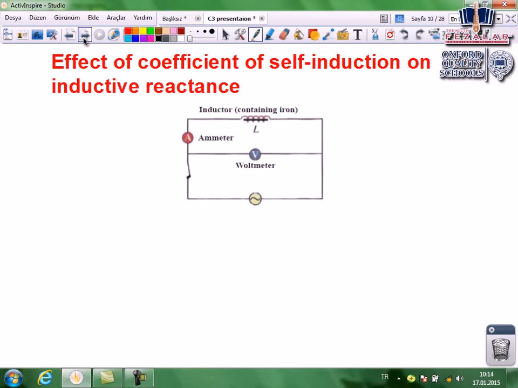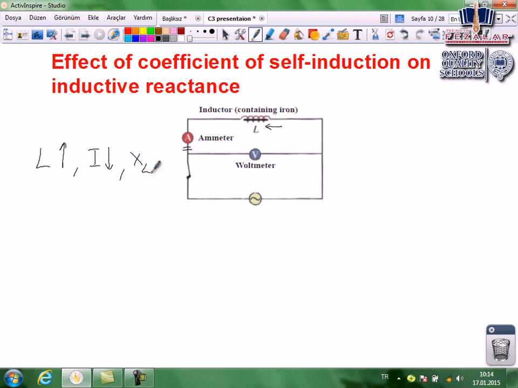In the next activity, the effect of the coefficient of self-induction on inductive reactance, we will insert an iron bar inside the inductor. When we insert the iron bar, the coefficient of self-induction of the coil is increased. When we insert the bar, we will see that the value of current read from the ammeter decreases.